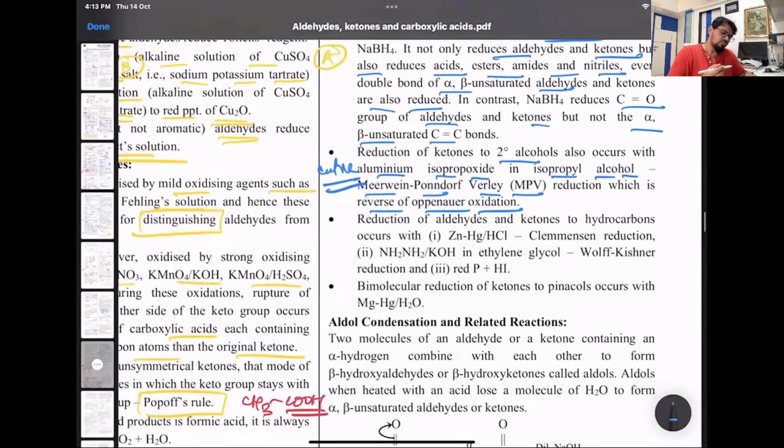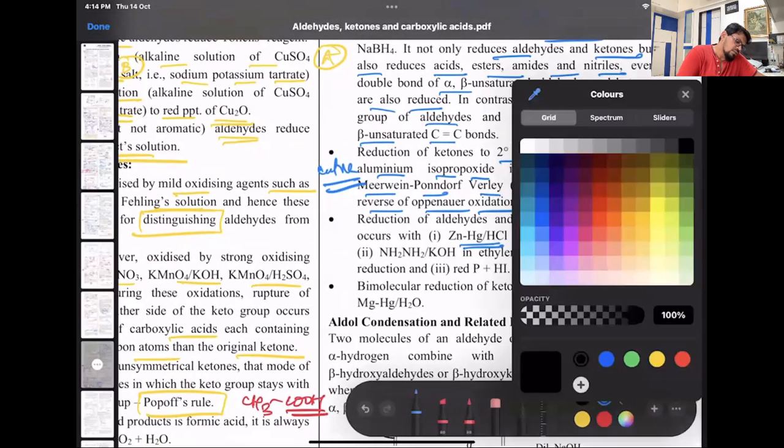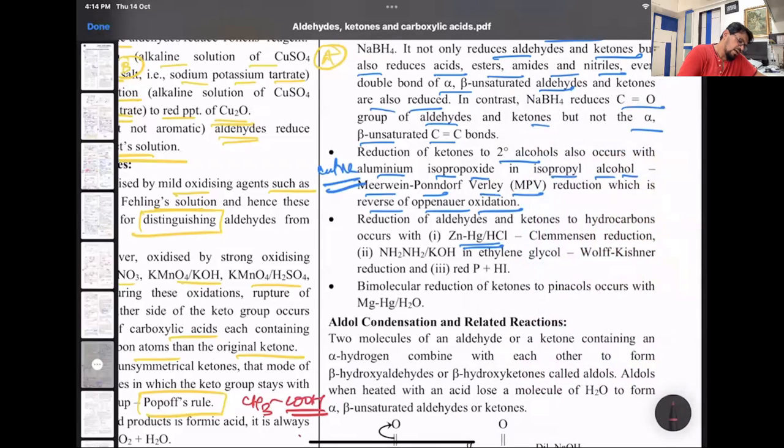Then we have Wolff-Kishner reduction and Clemmensen reduction. Aldehydes and ketones reduced with zinc amalgam and HCl is Clemmensen reduction. The gist of Clemmensen reduction is that the carbonyl group is reduced to a methylene group. So wherever you have C=O, make it CH2. Same as Wolff-Kishner reaction.